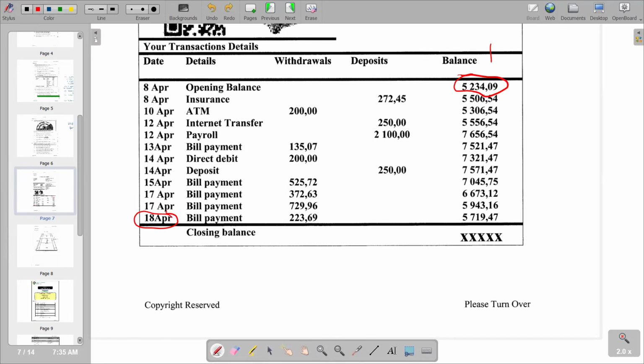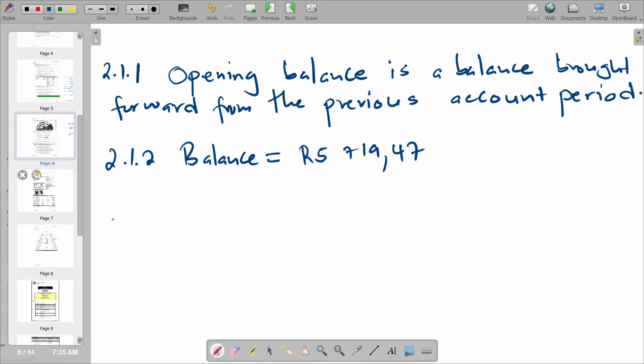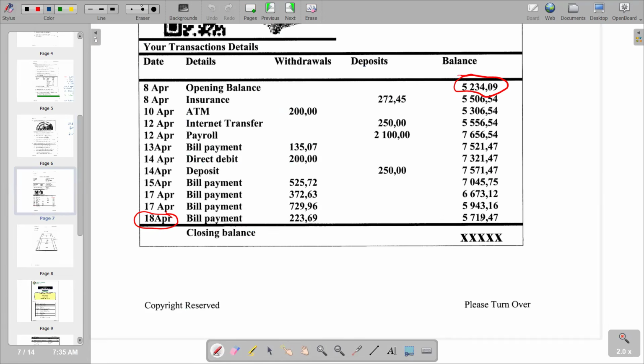We state that as 2.1.2: our balance is equal to 5,719 rands 47 cents, as presented here.